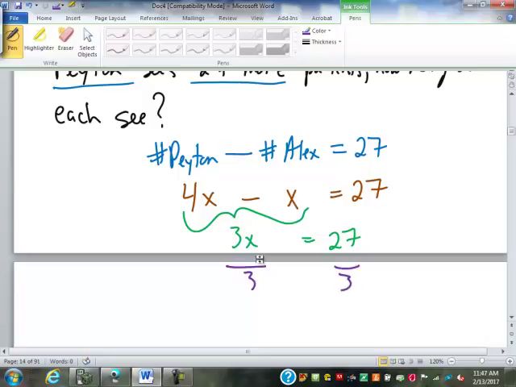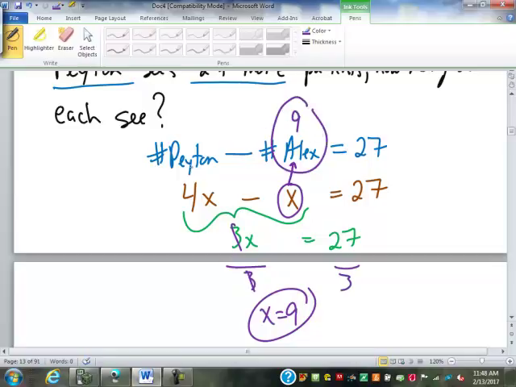Divide by 3. So we get x equals 9. What does that tell us? Well, x tells us how many patients Alex saw. So then how many patients did Peyton see? 36. Very good. 4 times 9 gives us 36 for Peyton.